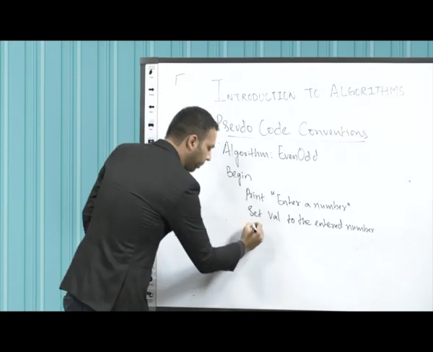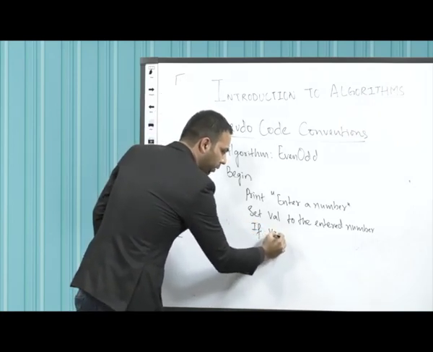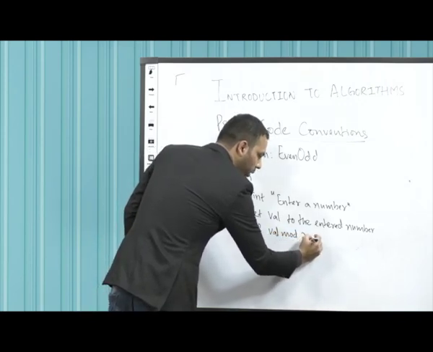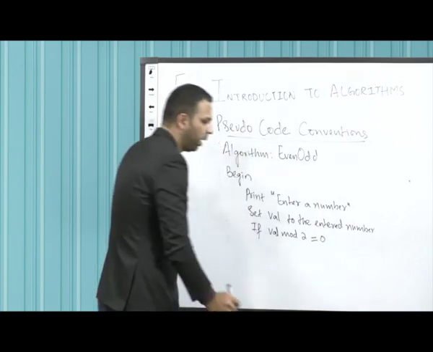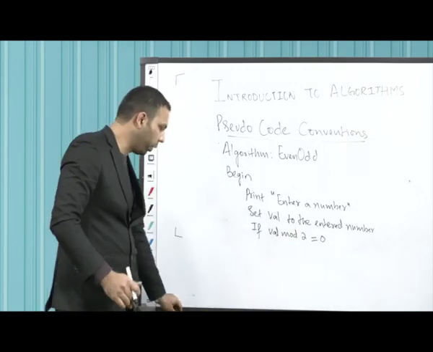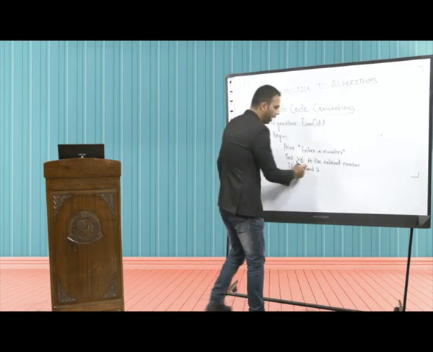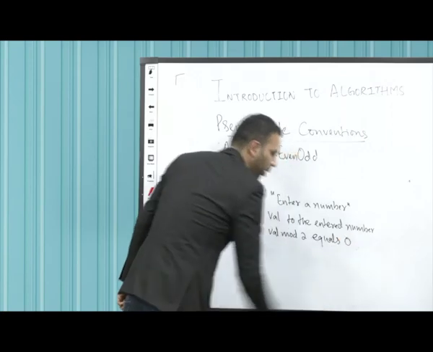Then I will write if val mod 2 equal to 0, okay? People might confuse this equal with the assignment operator. So what we can do is simply write, because this is a description, if val mod 2 equals 0.